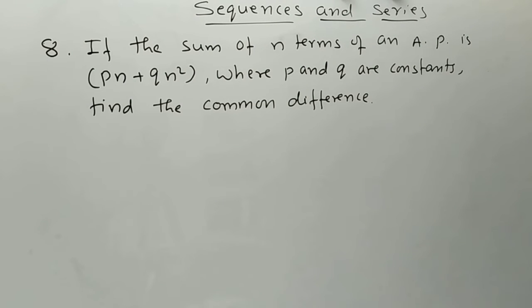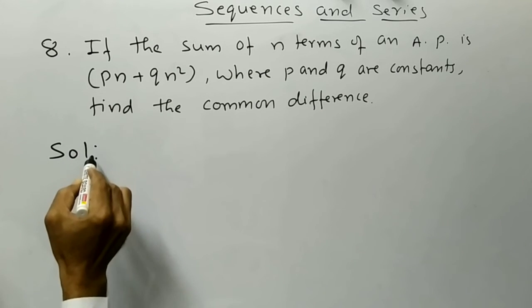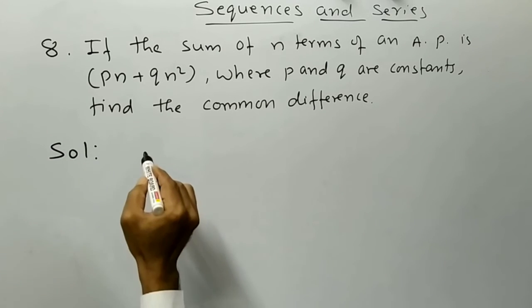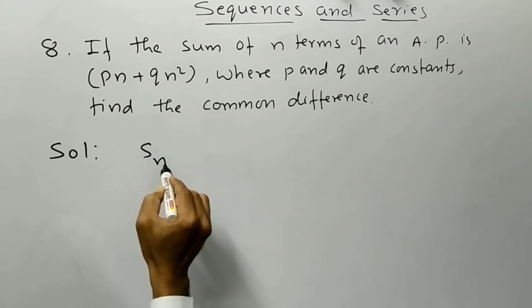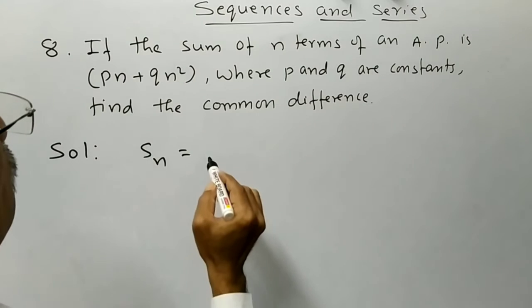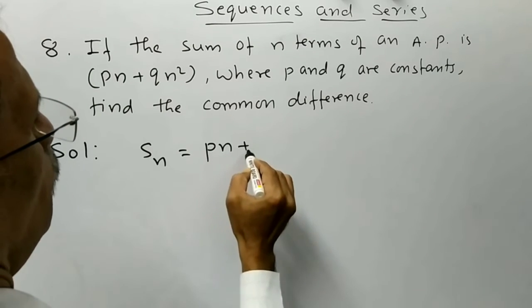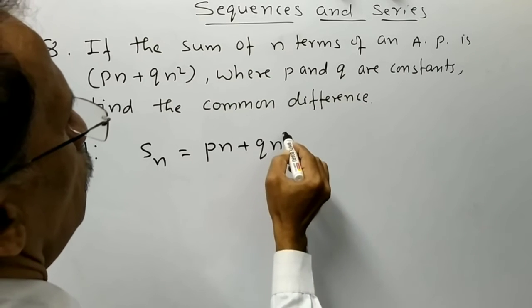Eighth question. If the sum of n terms of an AP is Pn plus Qn square, where P and Q are constants, find the common difference. Solution. Sum of n terms of an AP, that is Sn, is equal to Pn plus Qn square.